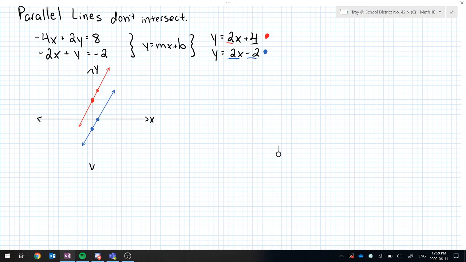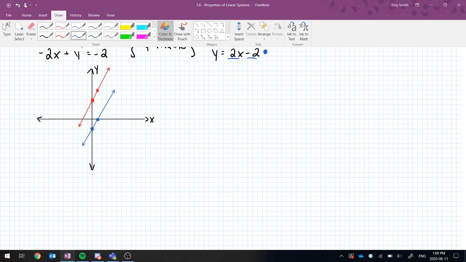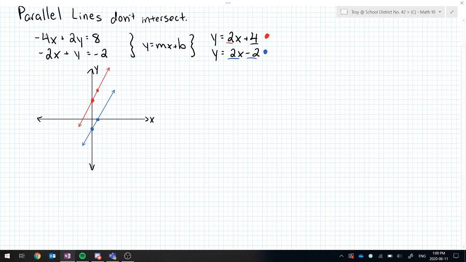So if you remember from when we were taking a look at parallel lines and perpendicular lines, the reason that two lines are parallel is that they have the same slope. Okay? And if we take a look, the slope for the red function was 2, and the slope for the second function was 2 as well. So we know these have the same slope.